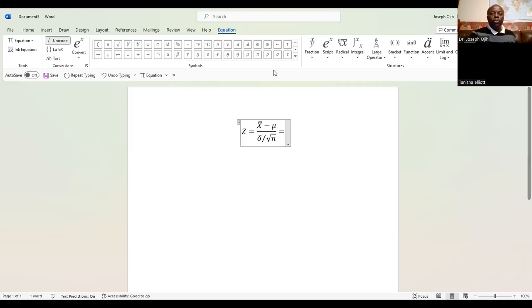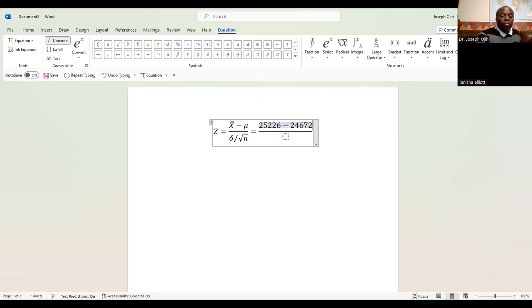Putting all this together, we got x bar is 25,226, and our mean is 24,672, divided by the standard deviation over root n.